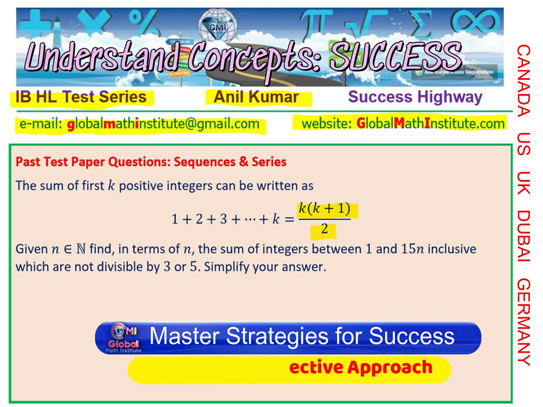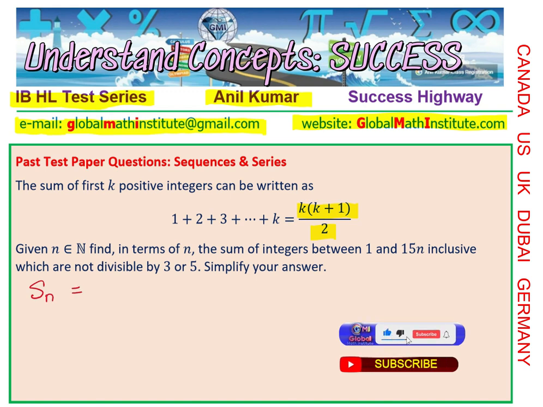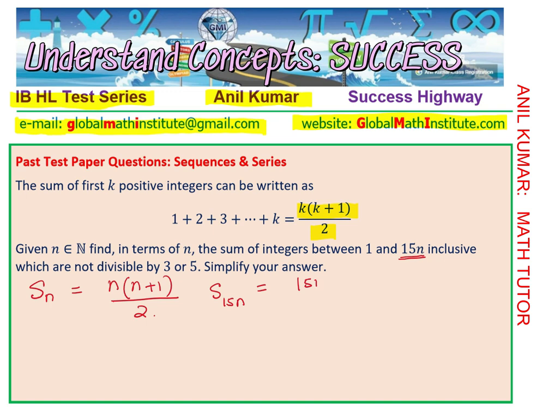So, let me write S for the sum of n numbers. That is normally given by n times (n plus 1) over 2, correct? Now we are talking about the sum of 15n numbers, so we can replace this n by 15n, and we get 15n times (15n plus 1) divided by 2, correct?